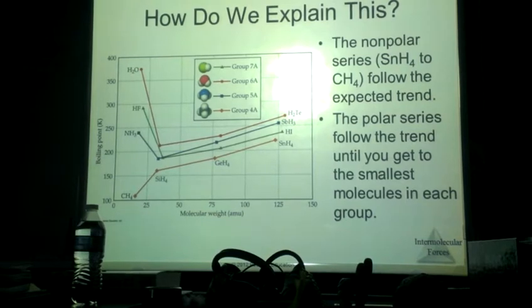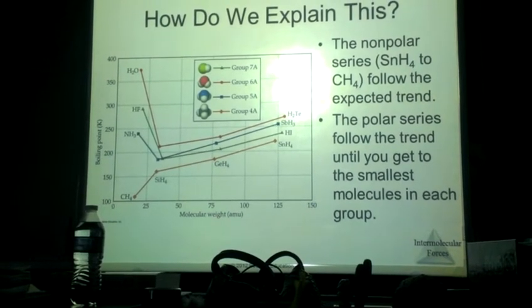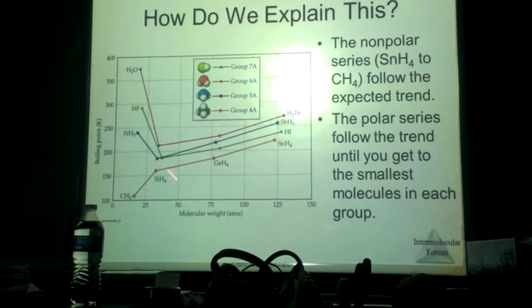So in my 4A elements, I have CH4, SiH4, GeH4, and SnH4. All of them are nonpolar, and their boiling points increase systematically as I move down the group, increasing in comparison to molecular weight.